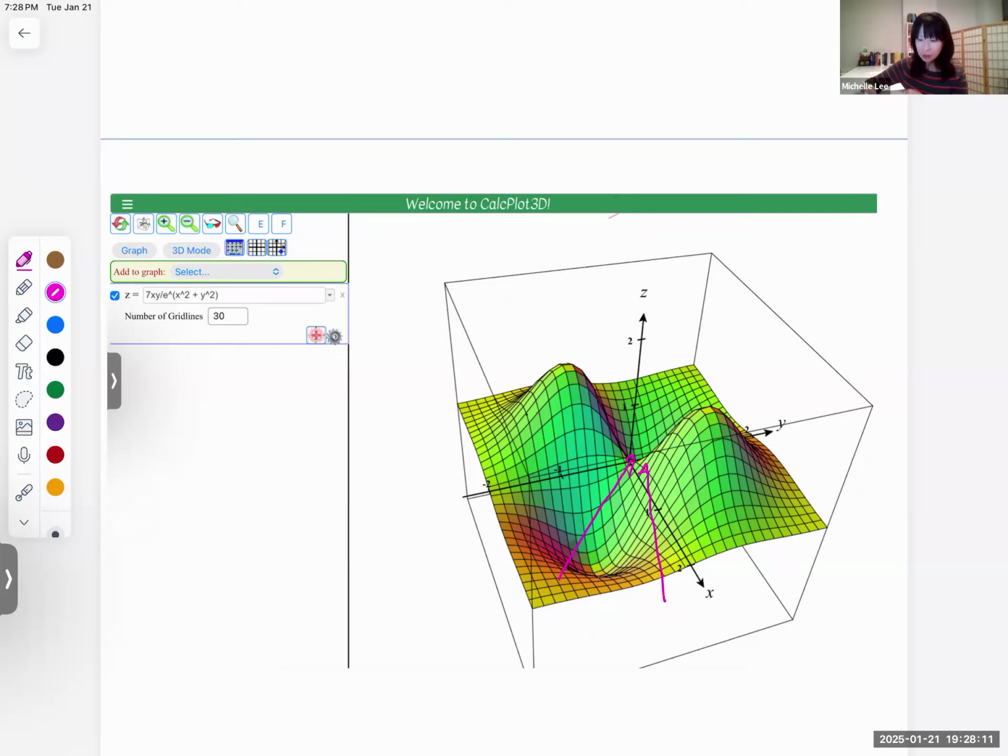How many paths are there? From the bottom, from the top, so infinitely many paths approach 0, 0. Make sense? Okay, so let's talk about this.